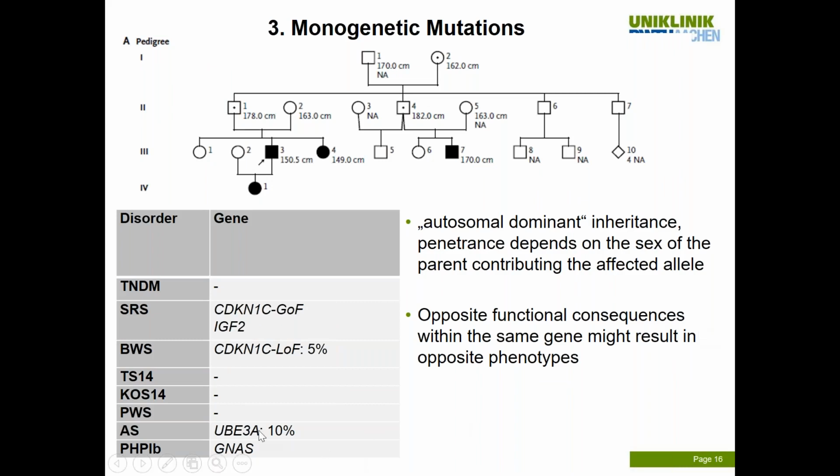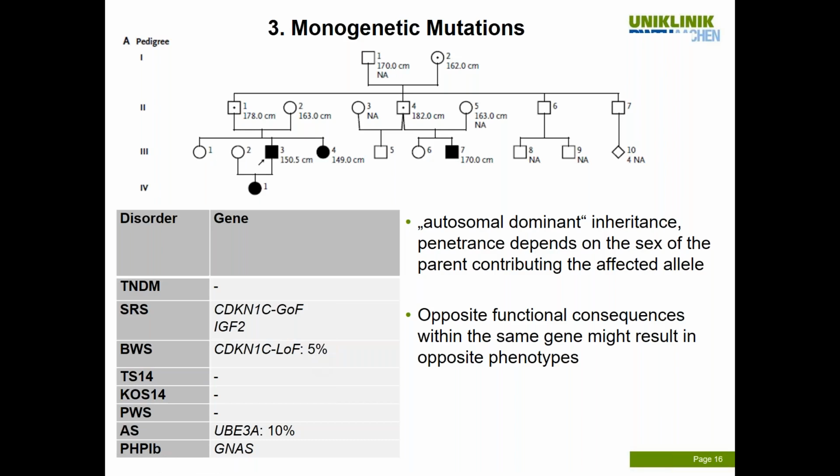We know UBE3A mutations in Angelman syndrome, where they contribute significantly to the molecular spectrum in patients. But in the other imprinting disorders, it's rather rare. We already know CDKN1C loss of function mutations in Beckwith-Wiedemann syndrome, accounting for up to 5% of sporadic patients.